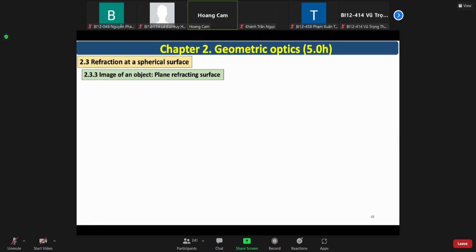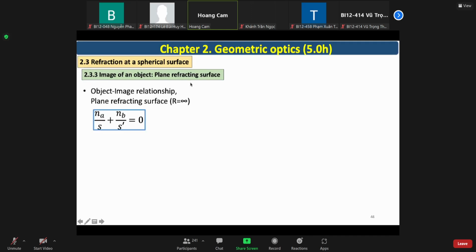Now we will find the image if we have a plane refracting surface. We just discussed the spherical refracting surface, and if we move to the plane refracting surface, the plane is a special case of the spherical surface in which the radius of curvature goes to infinity.